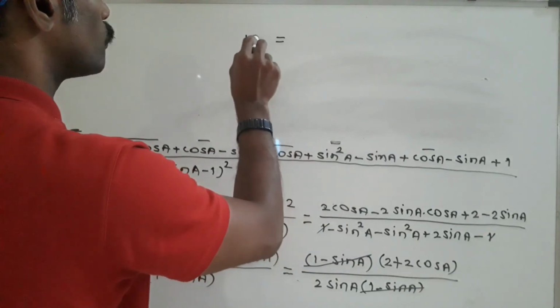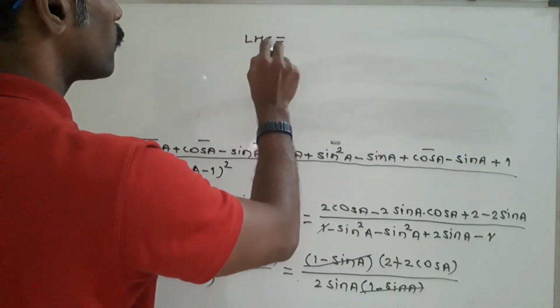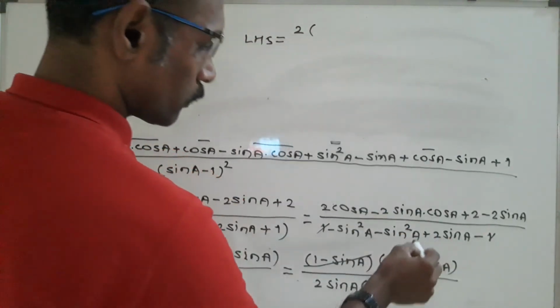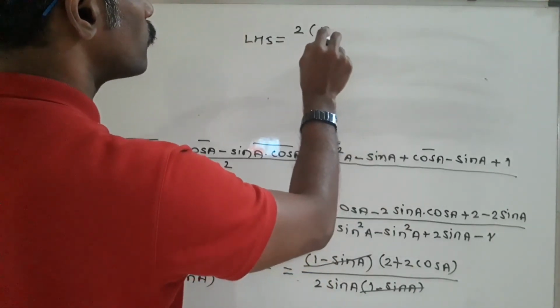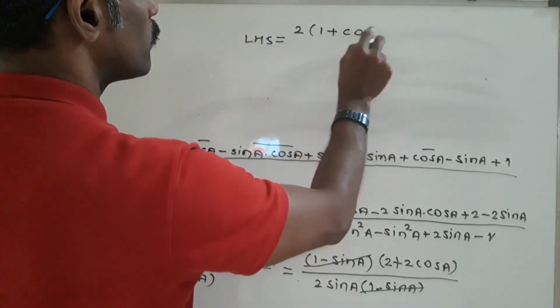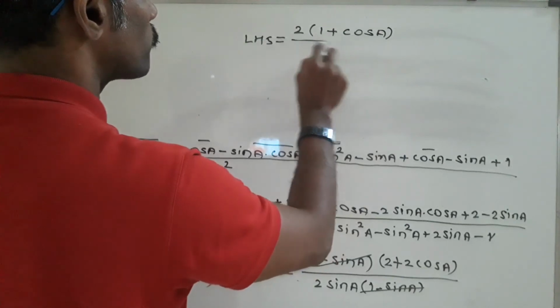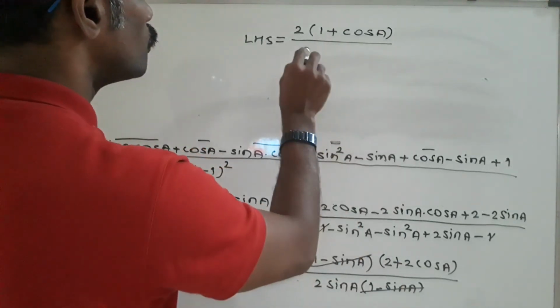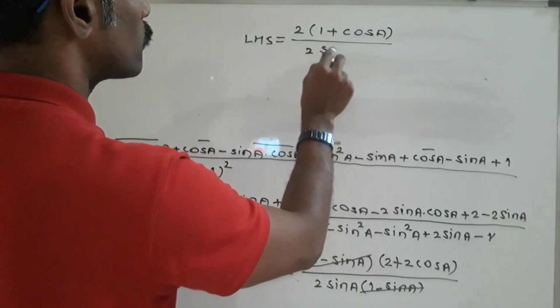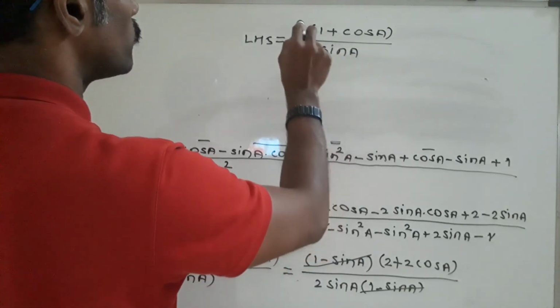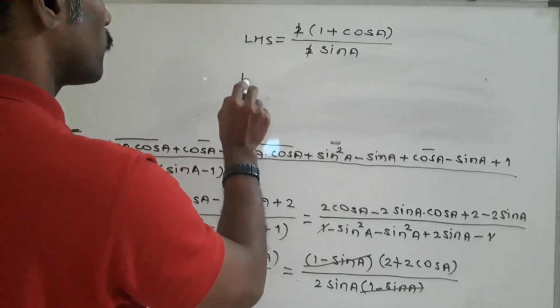LHS is equal to, again 2 common. When we take 2 common, then 1 plus cos A upon 2 sin A, 2 cancel.